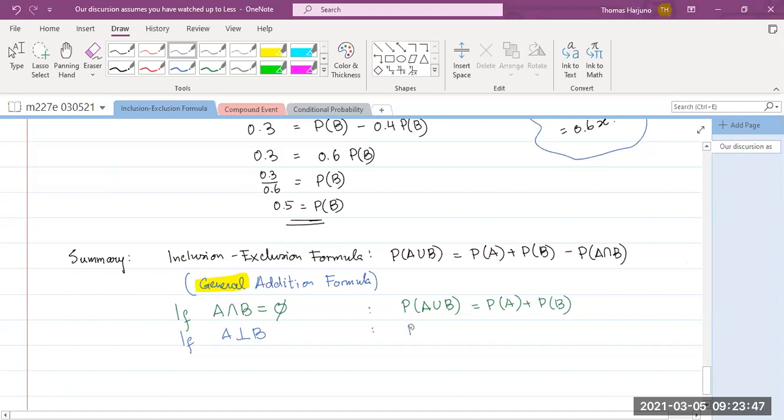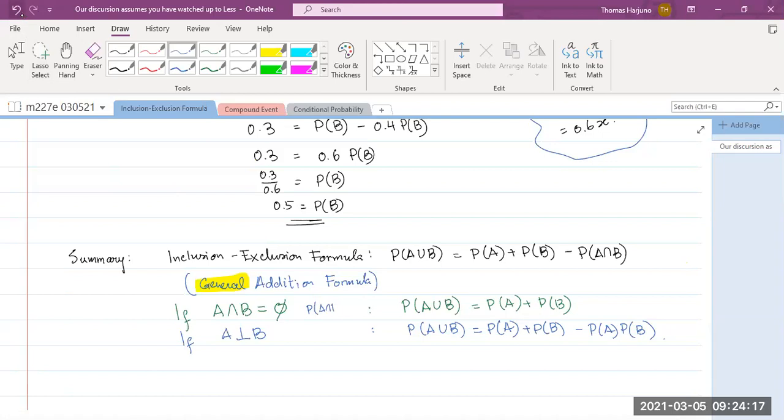Then the formula is modified to be the probability of A plus the probability of B minus the product of the probability of A and the probability of B. Basically, if disjoint, the probability of A intersection B is equal to 0.